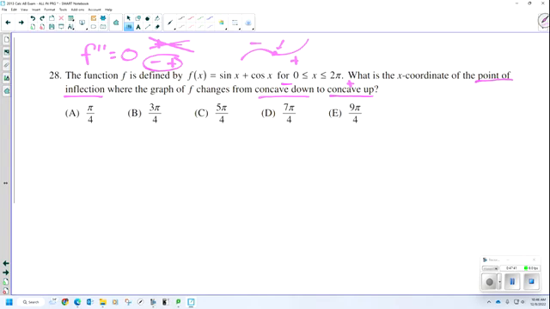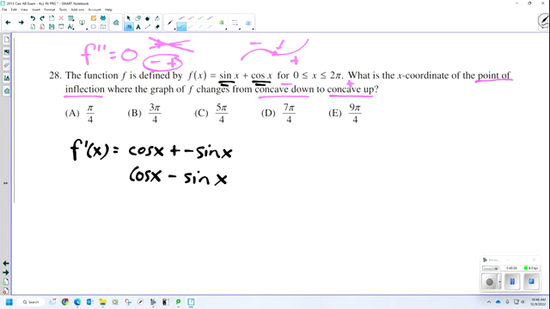First things first, I need to find the second derivative of f of x. The derivative of sine is cosine of x, plus the derivative of cosine, which is negative sine of x. So the first derivative is cos of x minus sine of x.